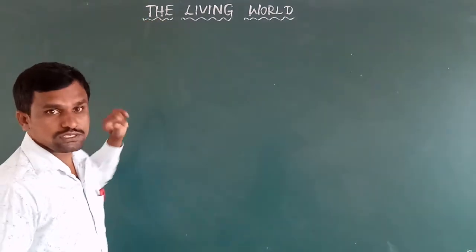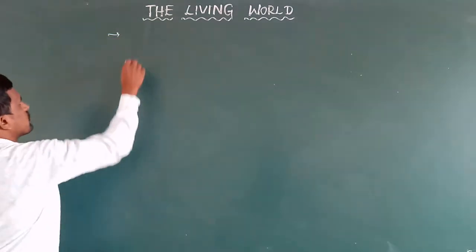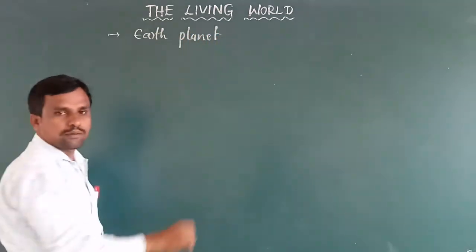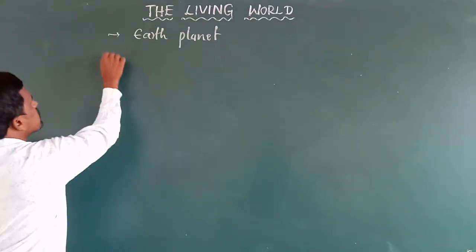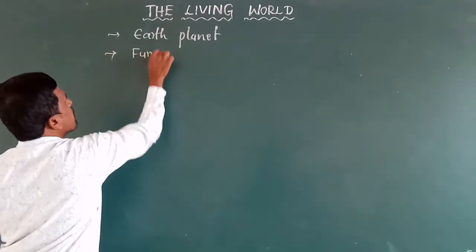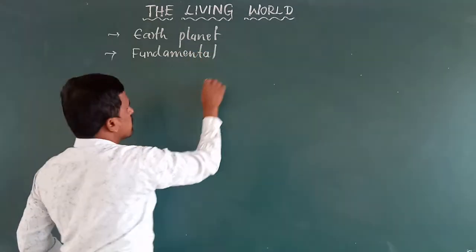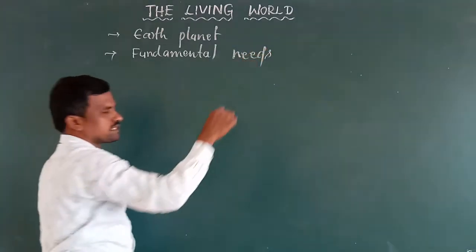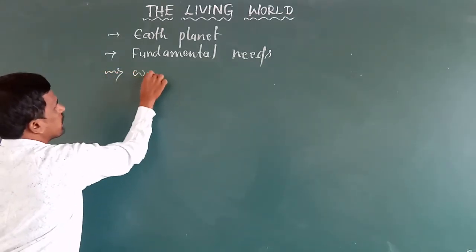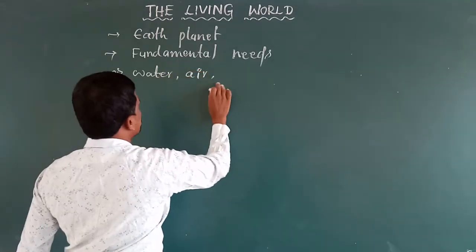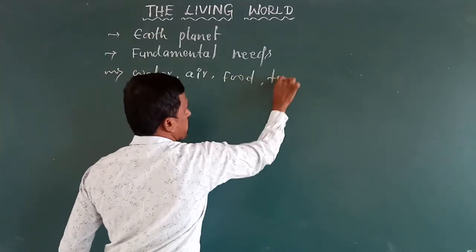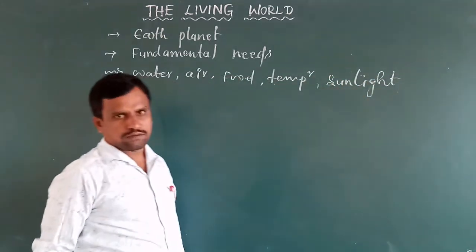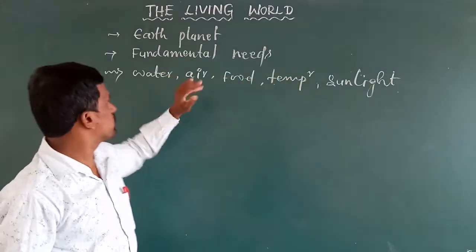The living organisms are present only on the planet Earth due to the presence of some fundamental needs of living organisms, like water, air, food, temperature, sunlight, etc. So these are the fundamental needs of all living organisms.